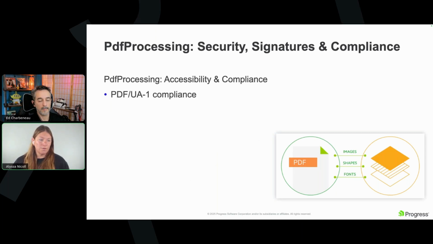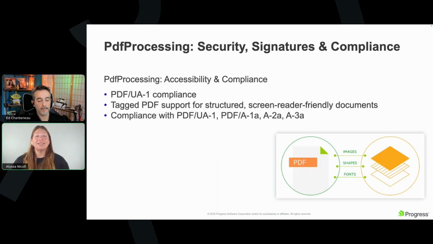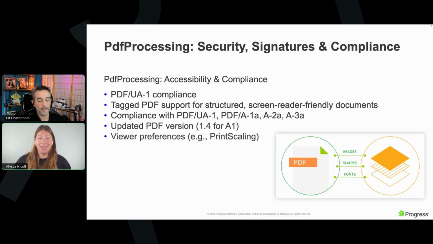Let's see, I'm going to pull these up real quick. Last quarter, we made big accessibility and compliance improvements to PDF processing. Full PDF UA1 and PDF-A support were added. Tagged PDFs, updated PDF versions, viewer prefs, document info, standard fonts, and better font handling, to name a few.